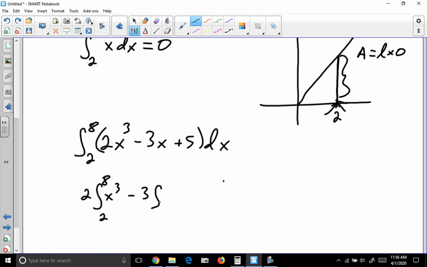Same thing on the next one. Put the coefficient in the front, and each of these definite integrals go from 2 to 8. Put the 5 in the front. And also each of these have a function and dx. So we need a dx here, and a dx here, and a dx here.